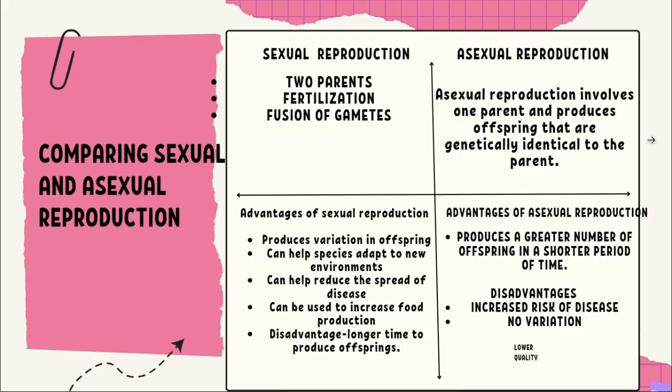Okay, so let us compare them more in depth. You have sexual reproduction and asexual reproduction, and we want to see both the advantages and the disadvantages of each type. In sexual reproduction, we said before that it involves two parents, fusion of gametes, and fertilization.